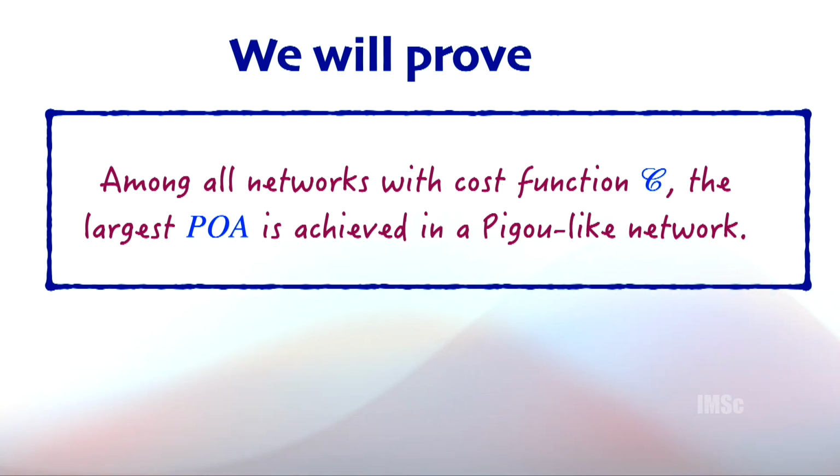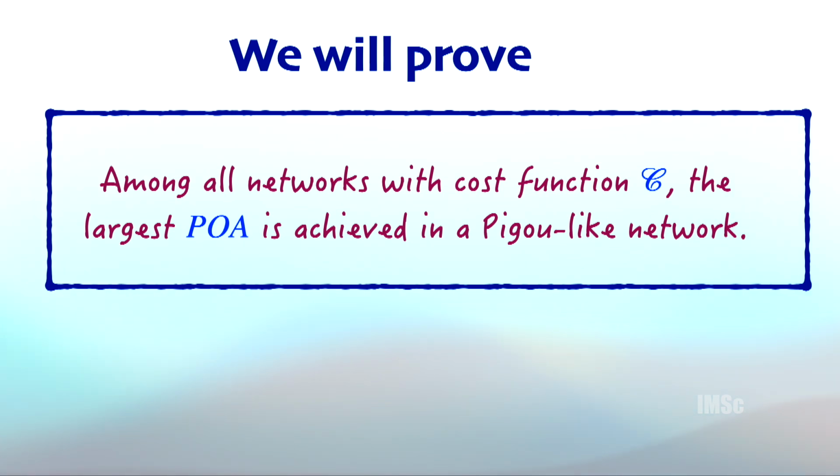So, this is more general than what I said before, which was that in a linear cost function setup, the worst price of anarchy could be 4/3, right.